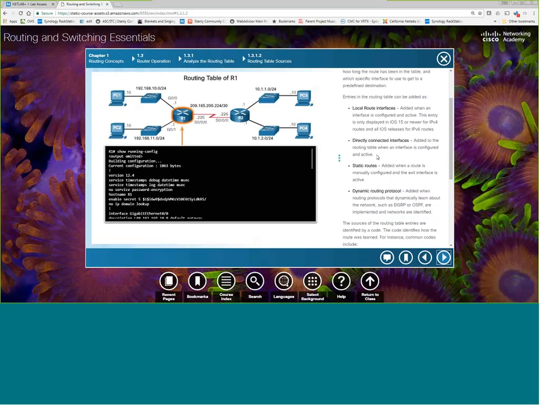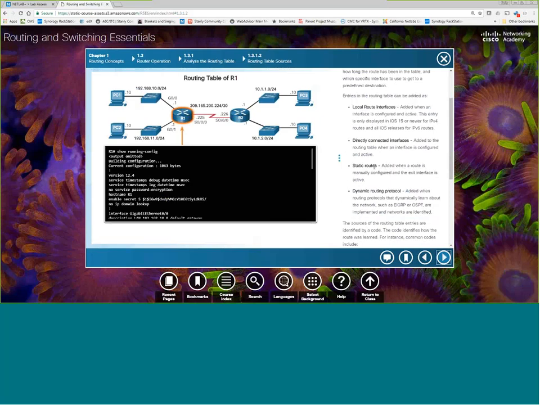Okay. So those L routes, remember, those are just the IP addresses that are actually on the interface, only on IOS 15 or higher. Directly connected are routes added to networks that are connected to the interfaces. So in this case, you would see R1 would have 3 directly connected networks on it.